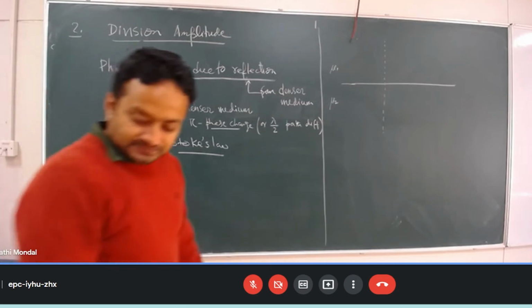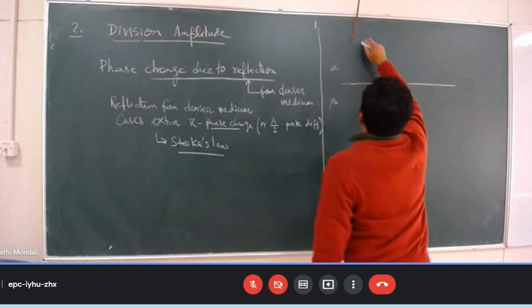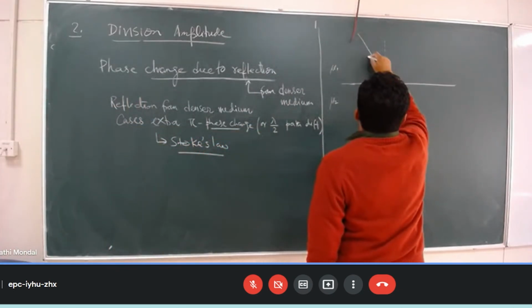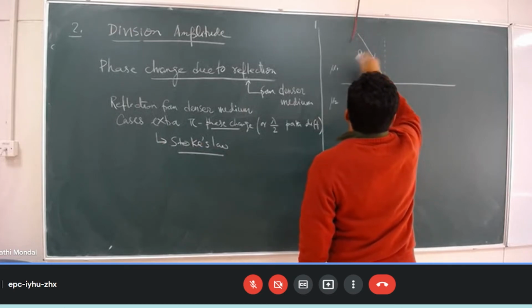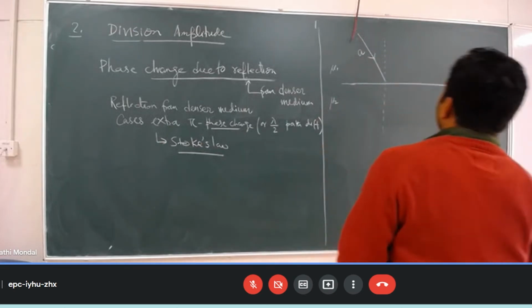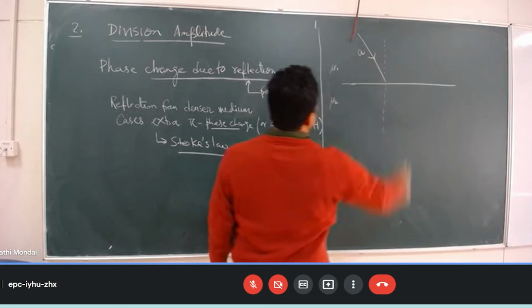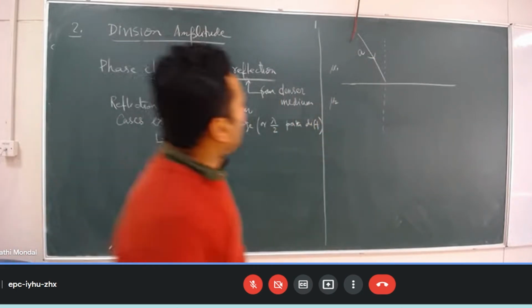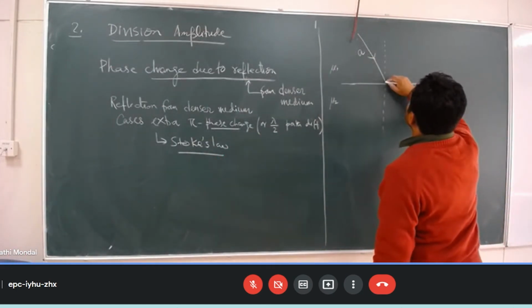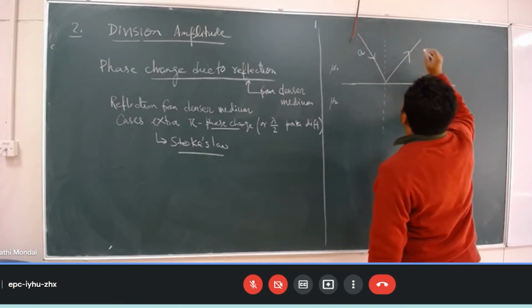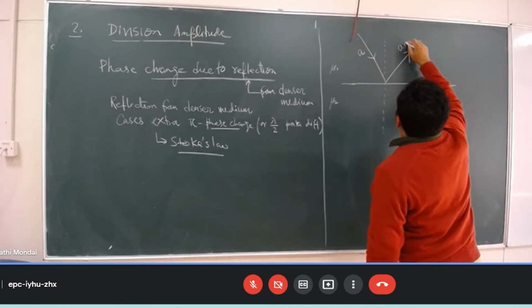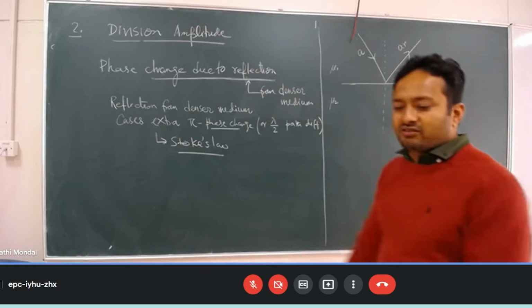So now let's say you have a light of amplitude A falling on this one. So now what will be the amplitude of the reflected light? You just have to multiply with the reflection coefficient.